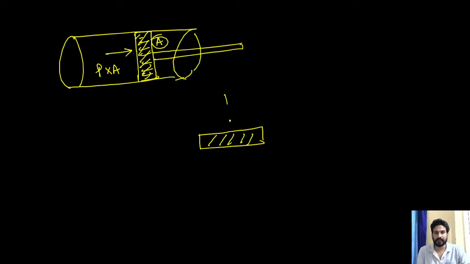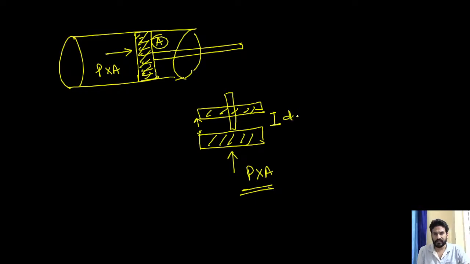Force P into A is acting on this piston. By this P into A, my piston is moving by the amount dx. Dx means when we use d, the change is small; when we use delta, the change is big. That's it.